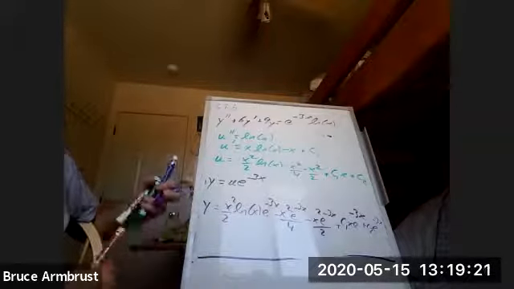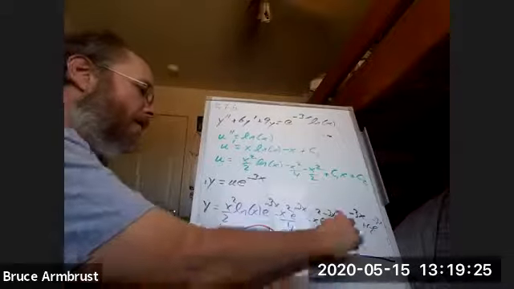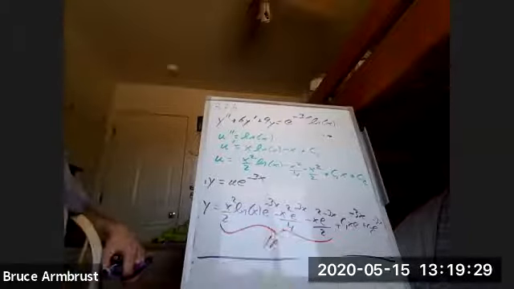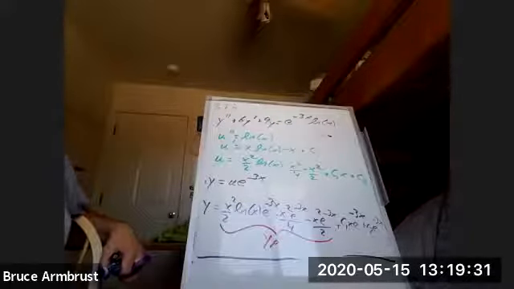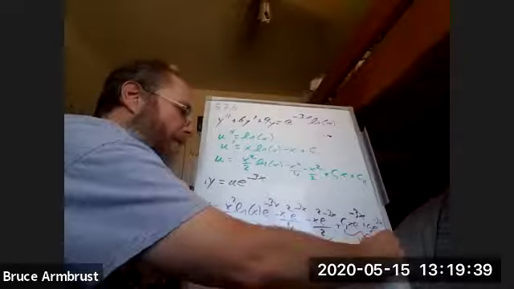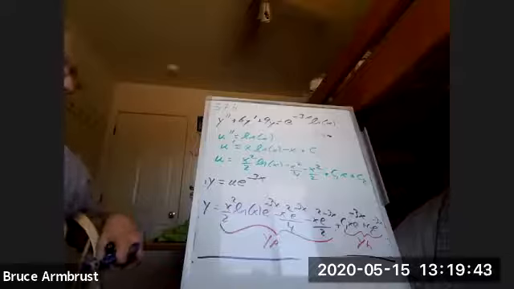So if you were to break this down into the language we used before, all of this is our particular solution. And then the other bits, that's from our fundamental set. I'm going to call it y sub h for homogeneous. But there's that guy.